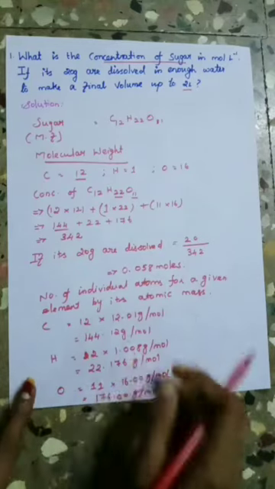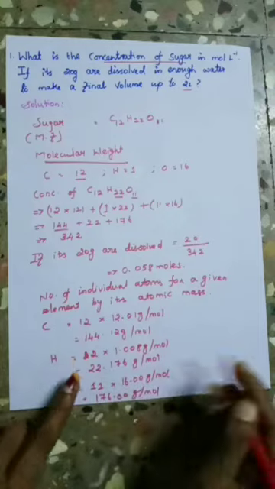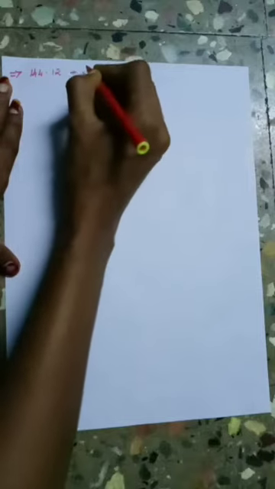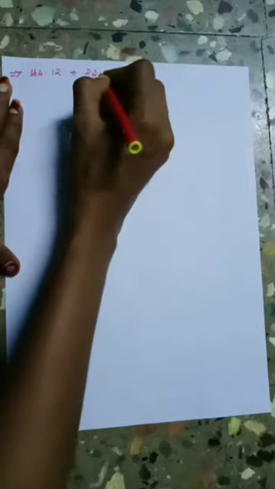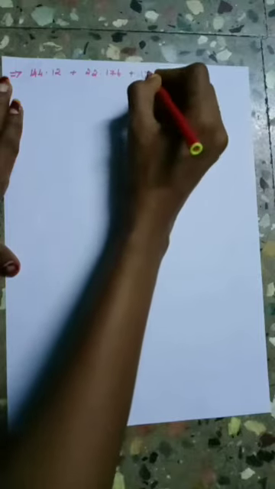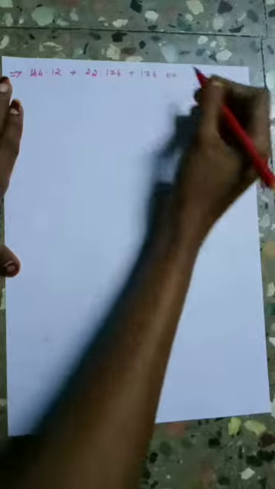So what we have to do? We have to add everything: carbon 144.12 plus 22.176 plus 176.00.